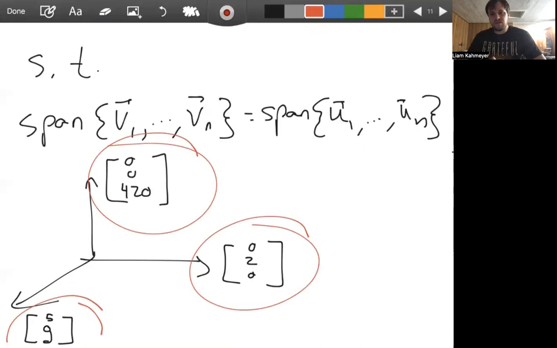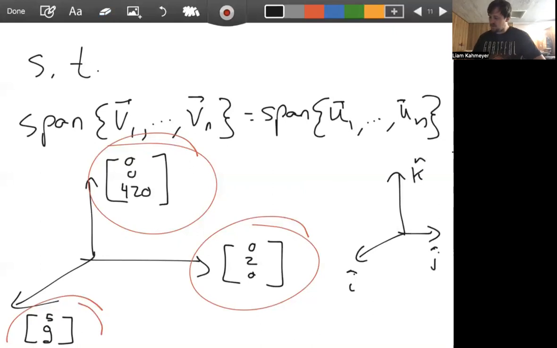And that's not convenient at all. But what we could do is pass from an orthogonal set to an orthonormal set. And if we did that in this particular example, we would construct the standard unit basis for R3, right? i hat, j hat, k hat. And so you can see this is a much more convenient coordinate system or description of R3, right?